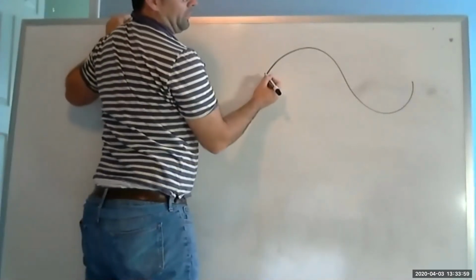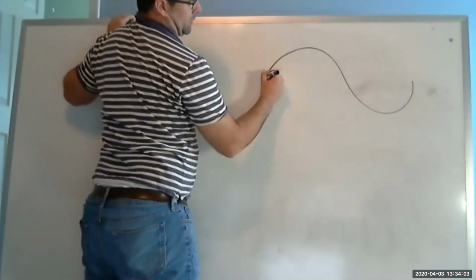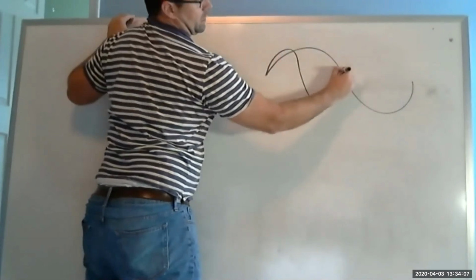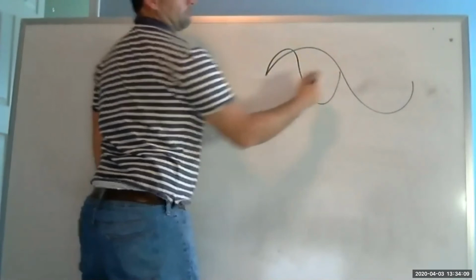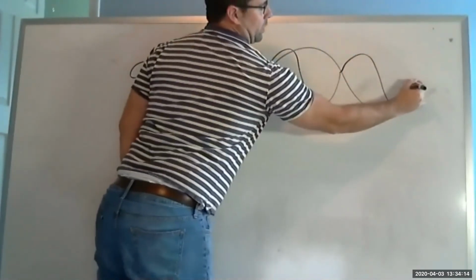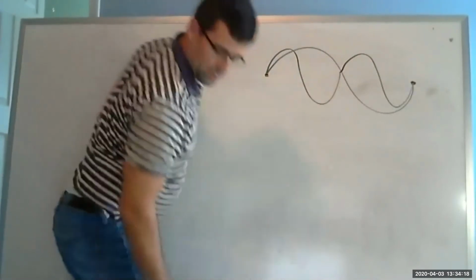Then if you have a wave that is shorter, so this wave is half as big, in order to get to the same end point, maybe I should have done that in a different color.